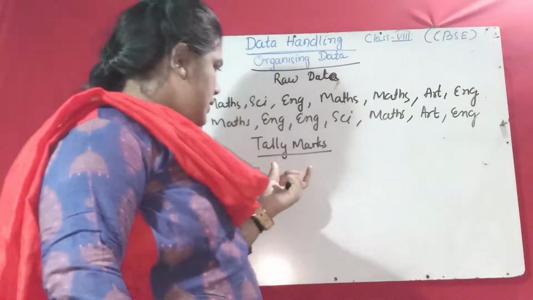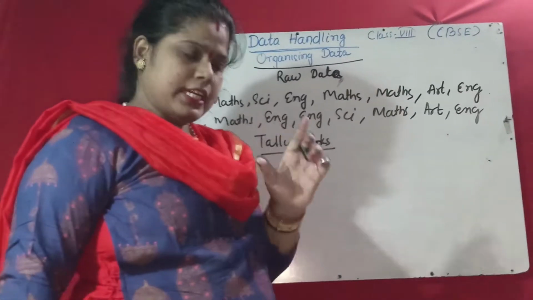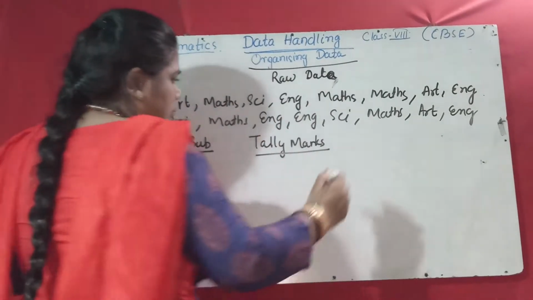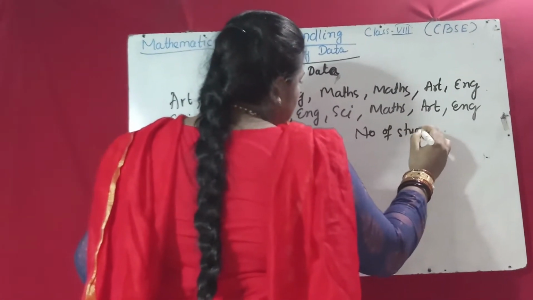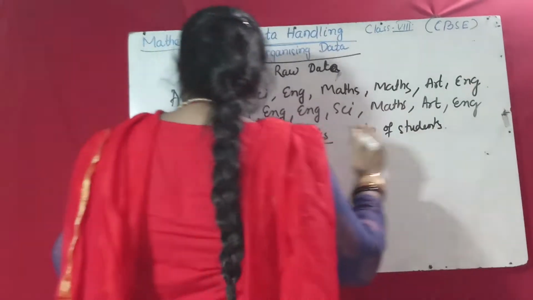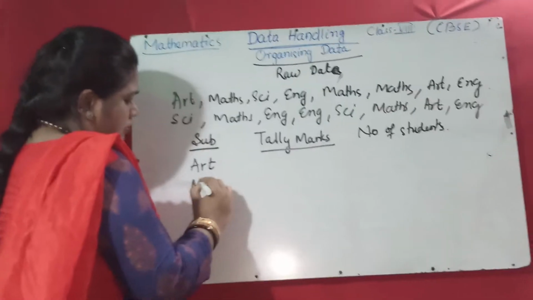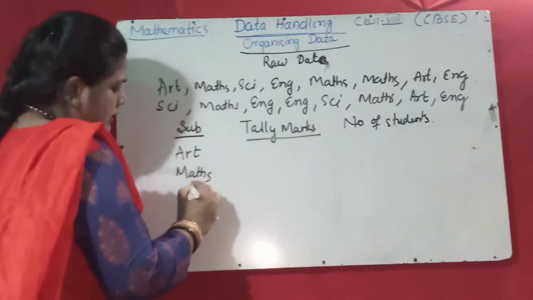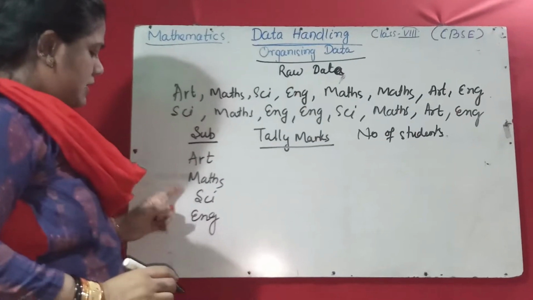If you use tally marks, then without any mistake you can make correct data. So: subject, tally marks, then number of students. First you write the subjects: art, maths, science, English.